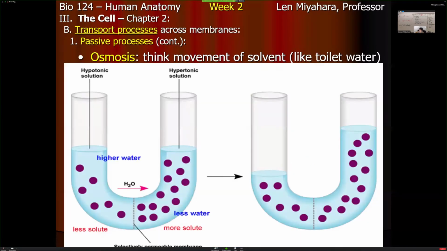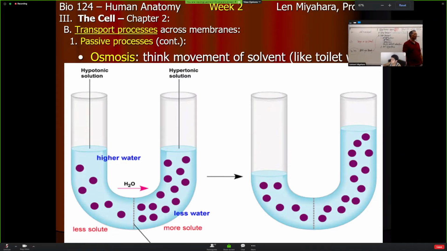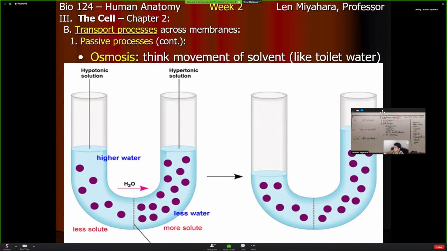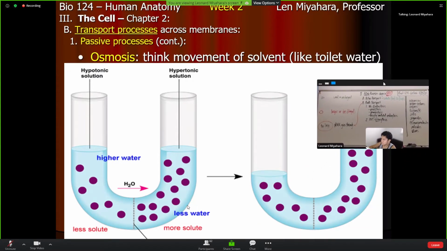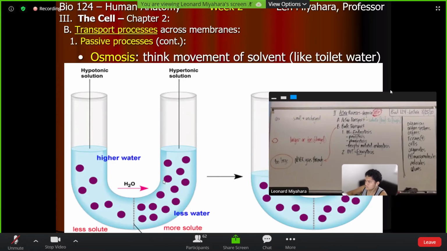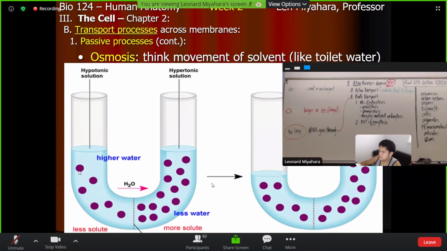The reason why this is a passive process is it's just going from high water concentration to low water concentration. And you can see it on this left side. High water, less water. Why is there less water? Because there's more salt here. And that's why the water is following the salt, going from high water to low water.